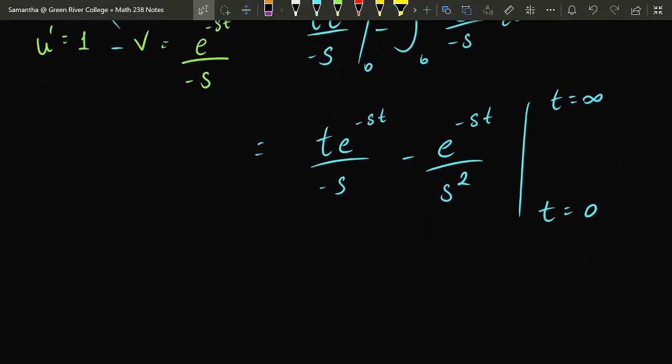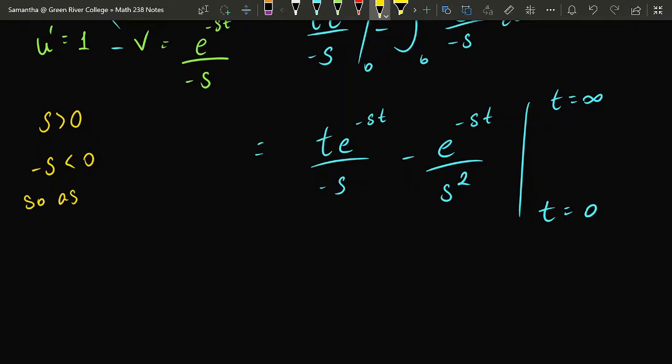So now I have to figure out what this expression is doing as t goes to positive infinity. Now, because of our assumption that s is usually taken to be positive, minus s is going to be less than 0.